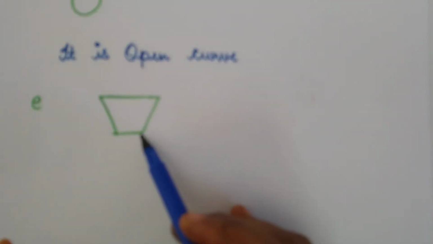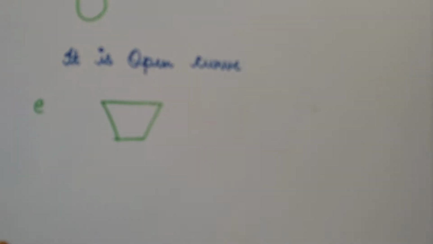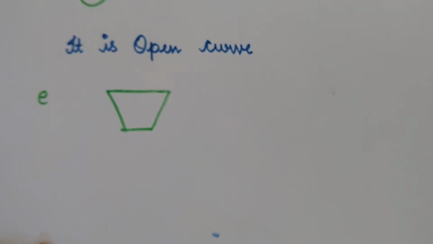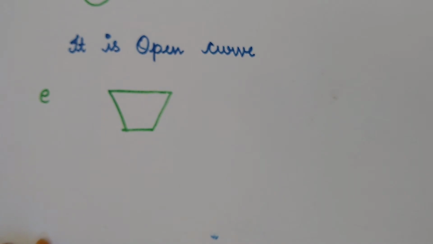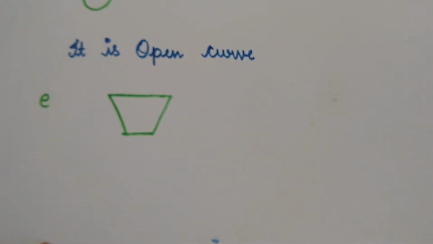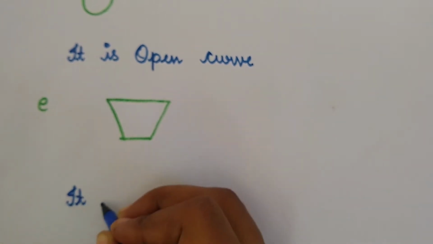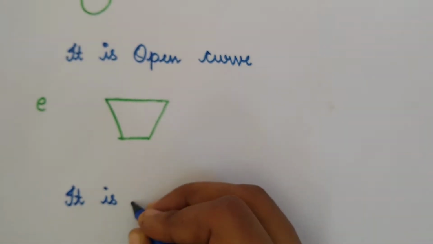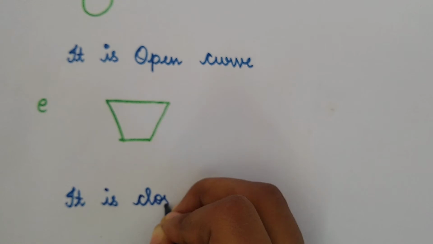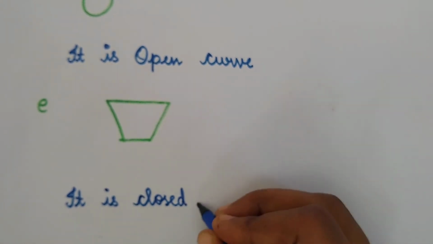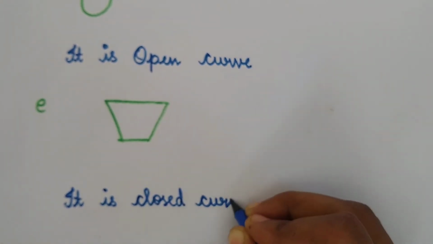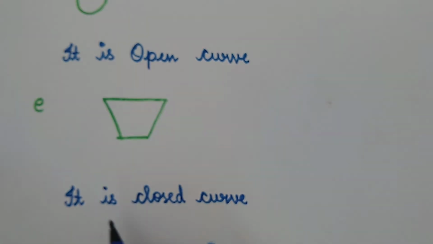Is it an open curve or a closed curve? It's not an open curve because the boundary is closed. So this diagram is a closed figure, a closed curve. It is closed by the line segment.